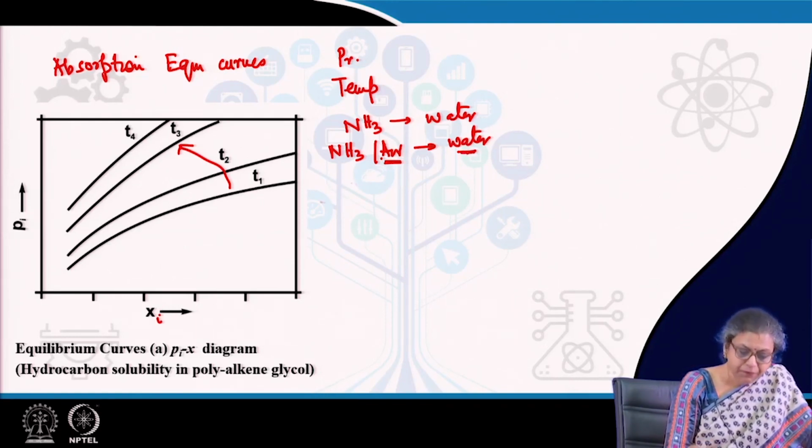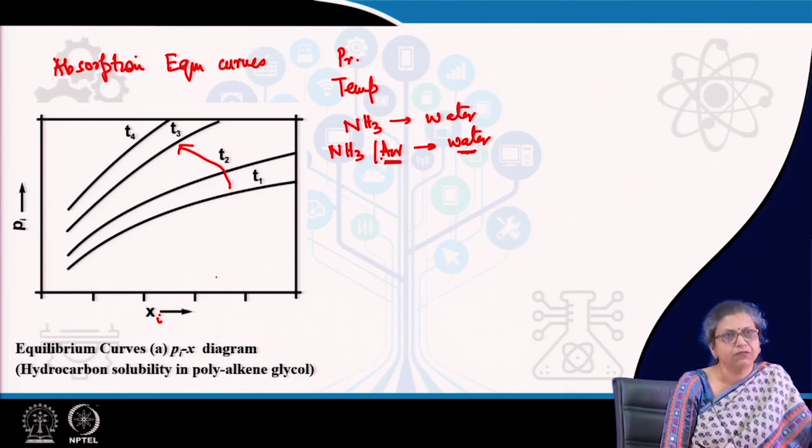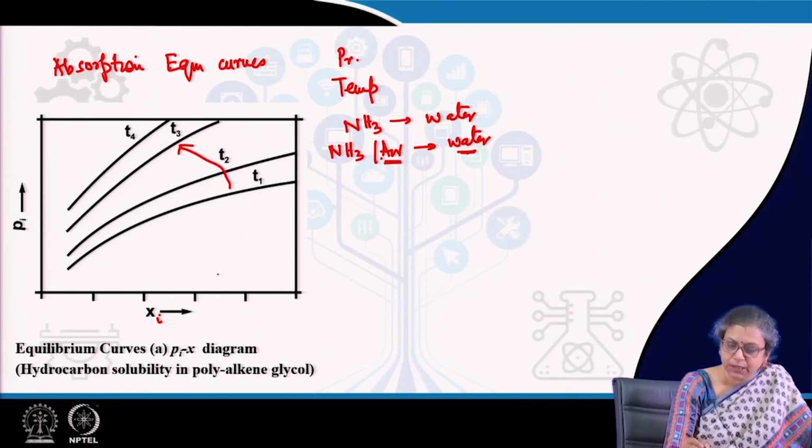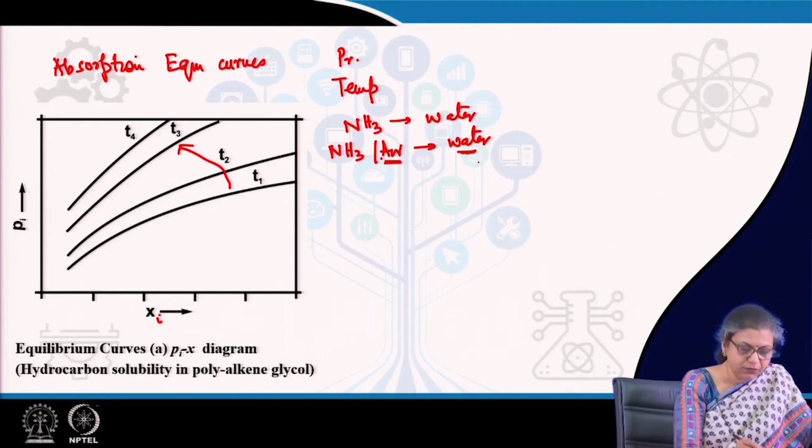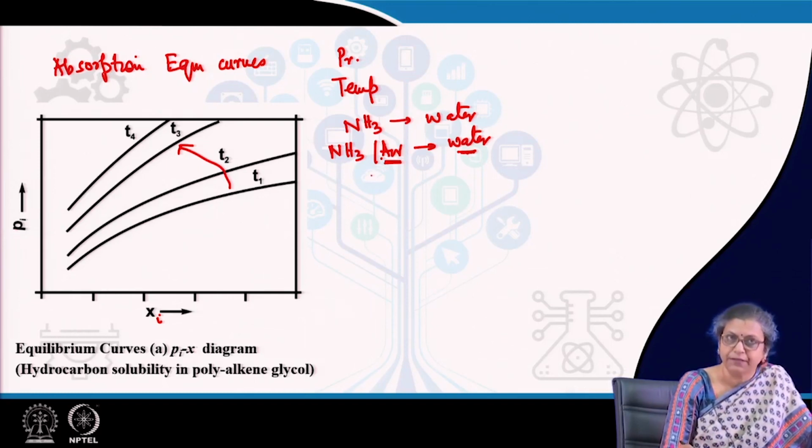Therefore, the same equilibrium curve can be applicable whether we are dealing with a pure component or with a component in a mixture with other components which are very sparingly soluble in the solvent, provided we have expressed it in terms of Pi.